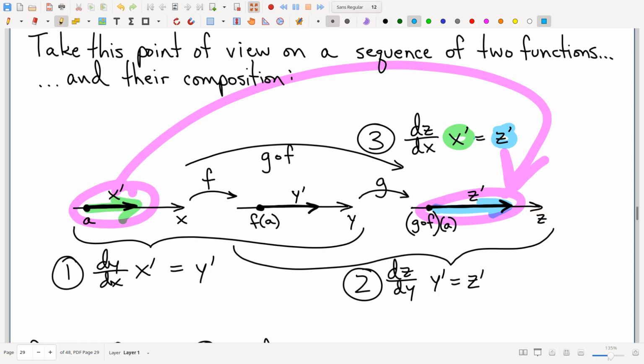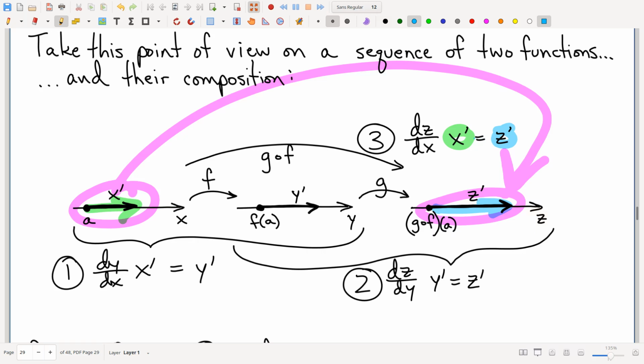So x prime, I literally mean the time derivative, dx/dt. But I want to focus on thinking of the derivatives of f, g, and the composition as being the derivatives in question. I wrote prime to avoid confusion; yes, they are derivatives, but I want to think of them as velocities. Is that cool?